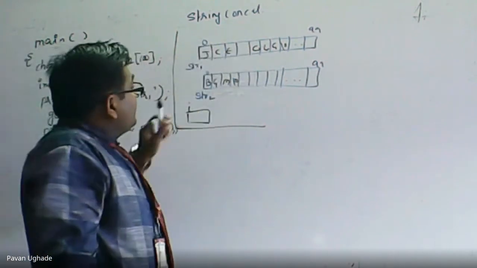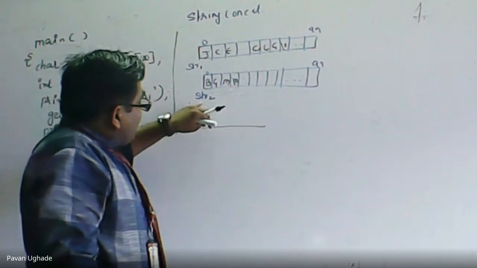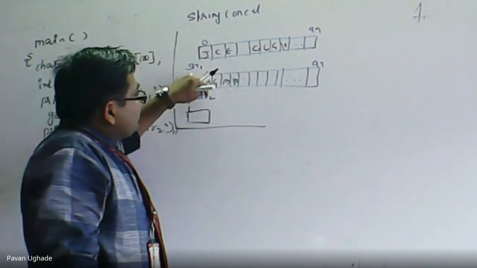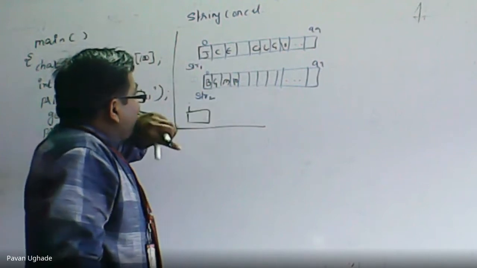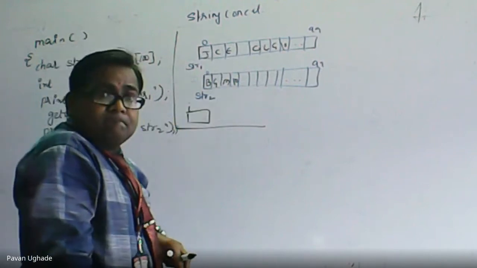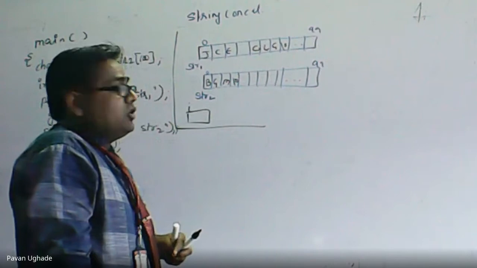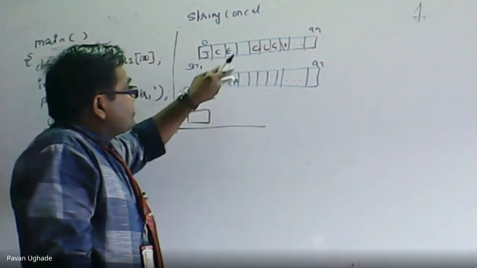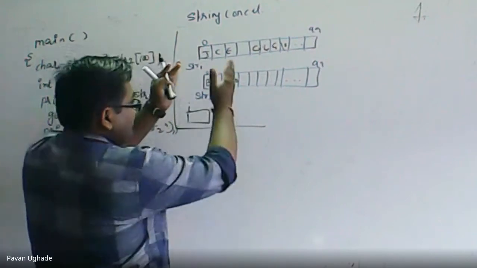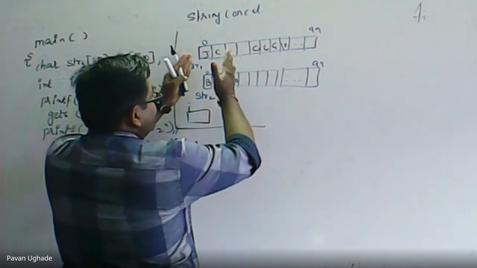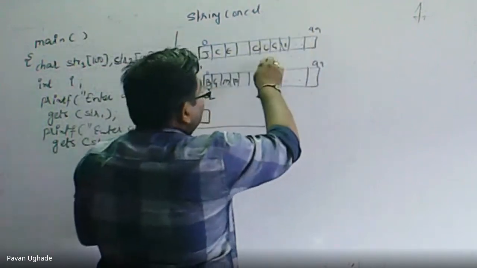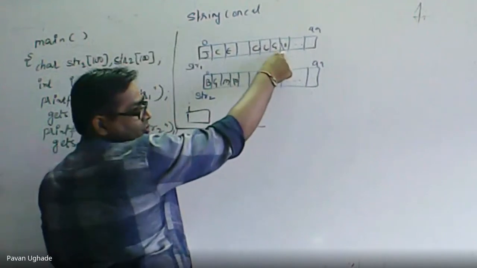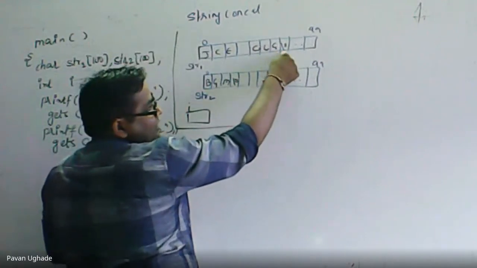Now what I actually want is to append string 2 to string 1. Concatenate means we are going to append this string to string 1. Whatever the content of string 2 is, we will completely append it to string 1. So where is string 1 ending? At backslash zero.